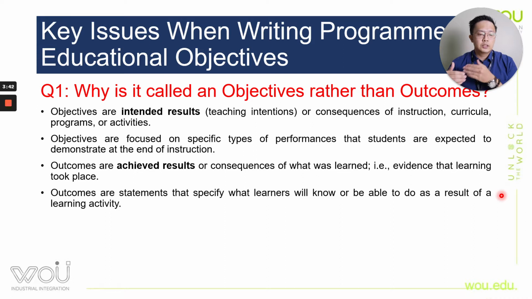You can see that the outcome is more specific, while the objective is more general. Achieving the outcome will lead you to the objective. This is why it is called program educational objective rather than program educational outcome. I hope that you can differentiate these two.